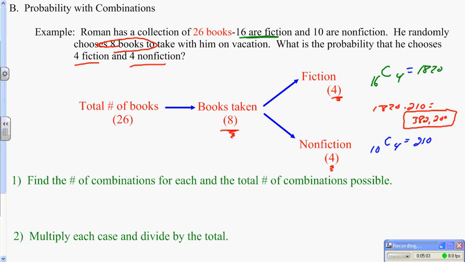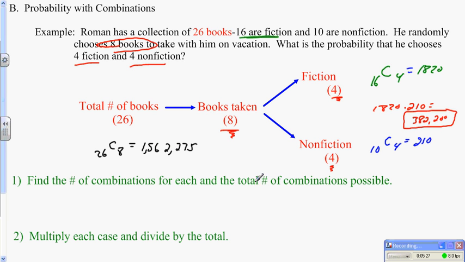Now the probability would be to take one more thing into account. How many combinations are there of having 26 books and choosing 8? Well, that is 1,562,275.